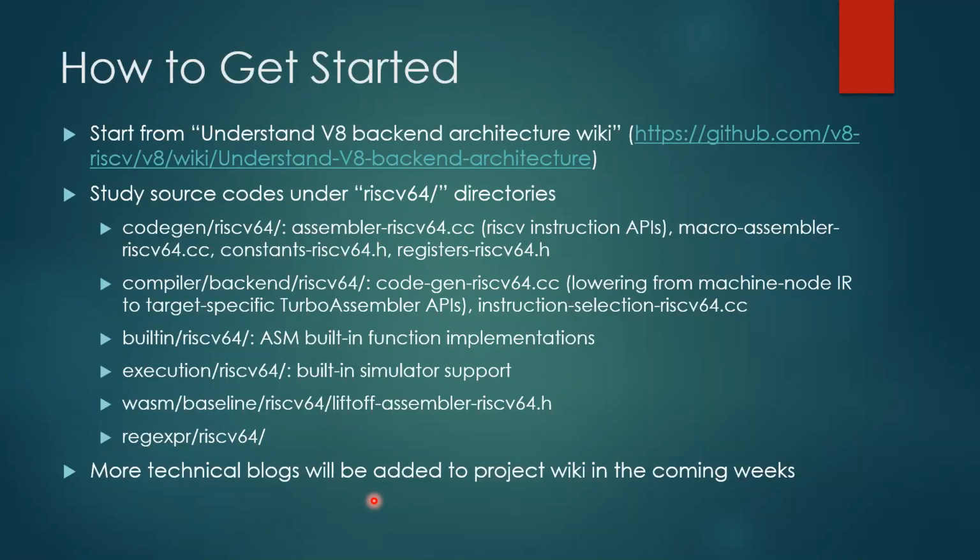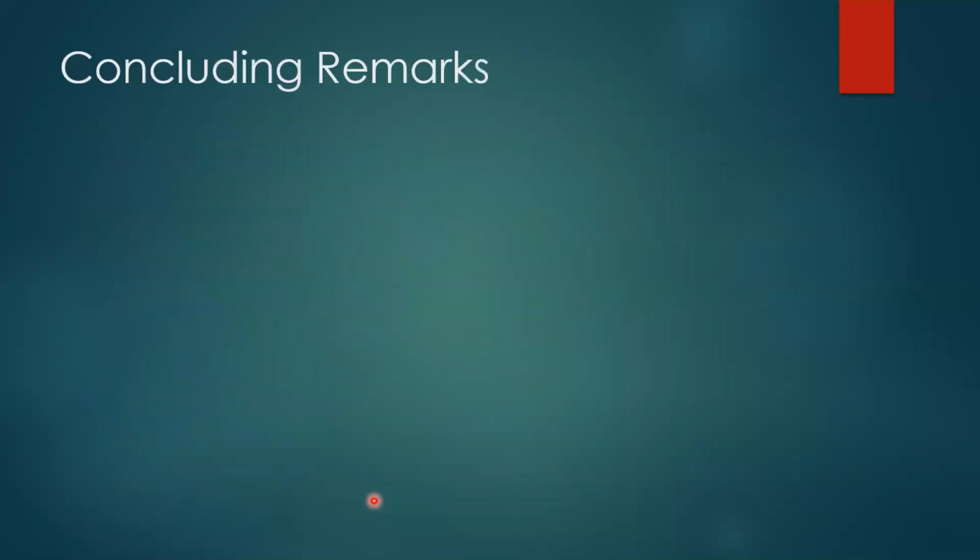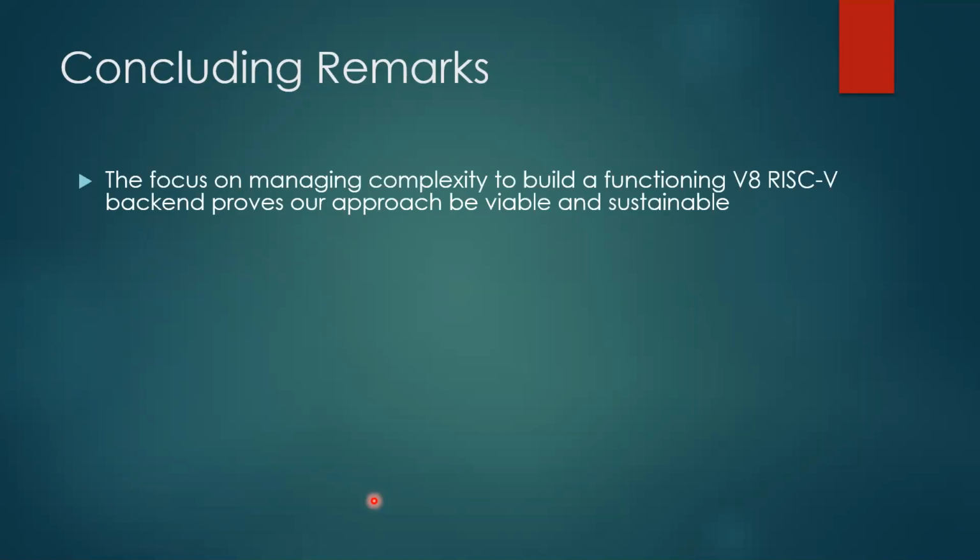Okay, so I think that's the main part. And in conclusion, for anyone who is interested in developing a backend for V8 or maybe for another language VM, I think the main takeaway for us is that a key decision we made was realizing that the complexity of debugging is the key challenge.